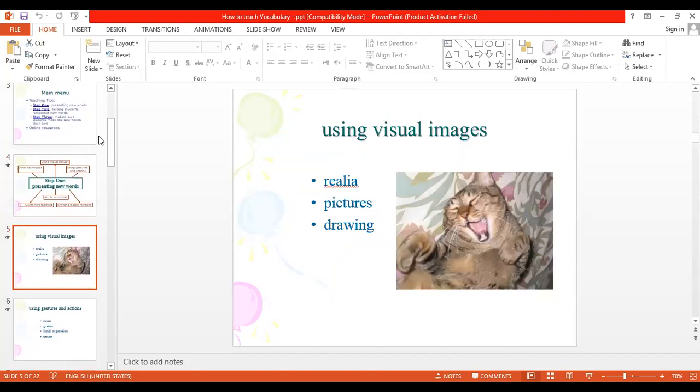So about using visual images, like what? Like realia. What is the meaning of realia? How can we use realia inside the classroom? Realia means real things.